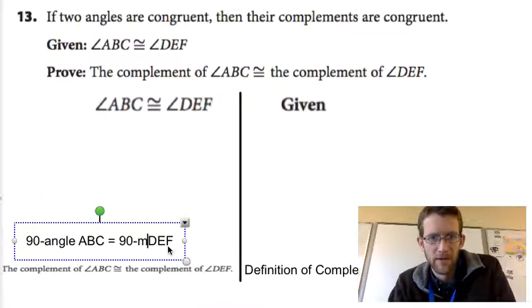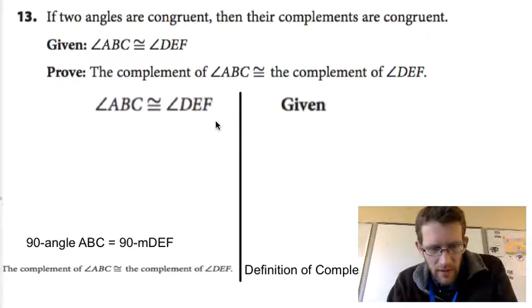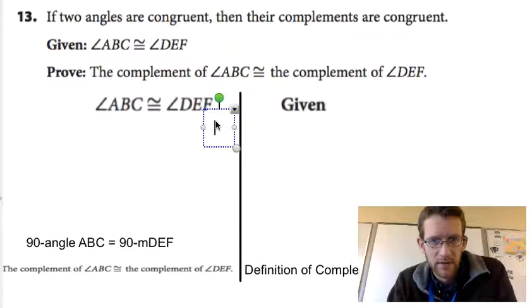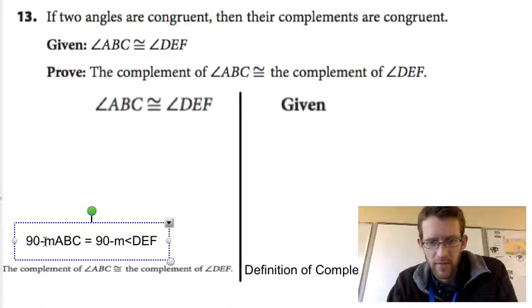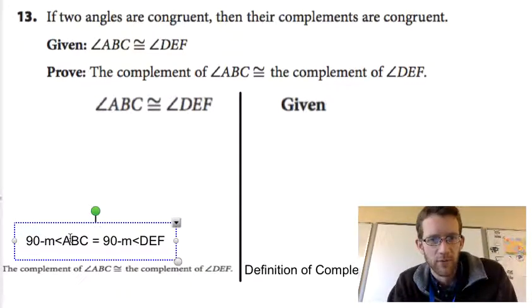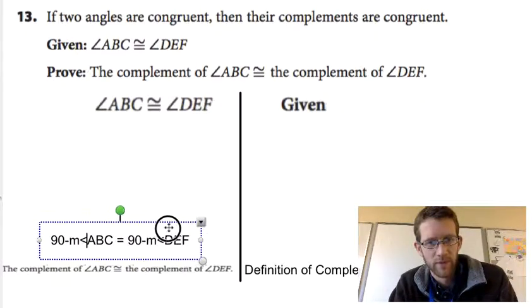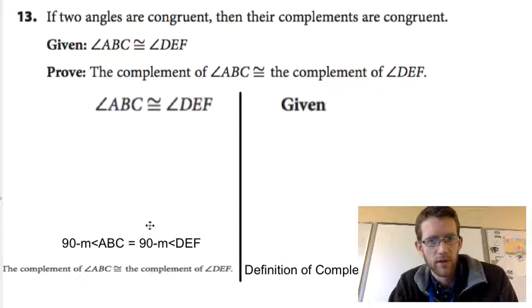I'm going to say the measure of angle ABC, because this is a number. We can actually do math with this. Similarly, we have 90 minus the measure of angle DEF. And this leads us to this step using the definition of complement. Cool. So now the question is, how do we get here from up here?